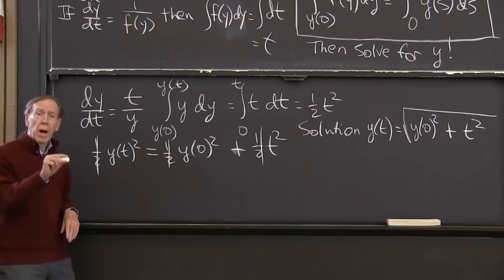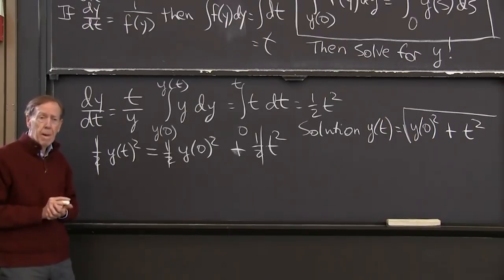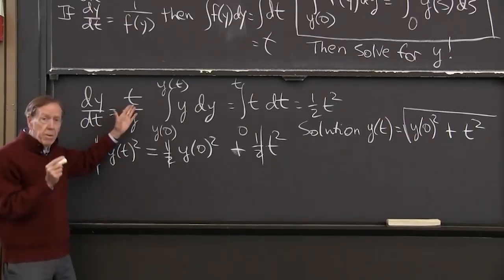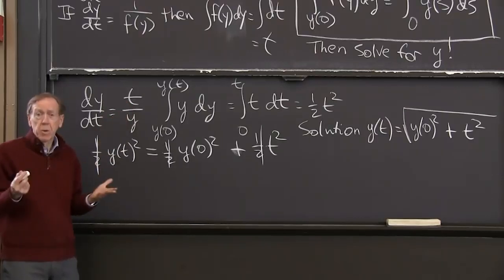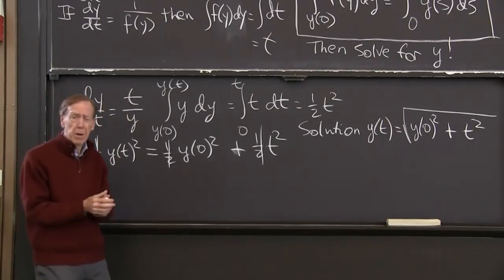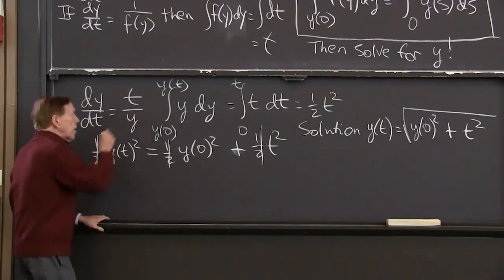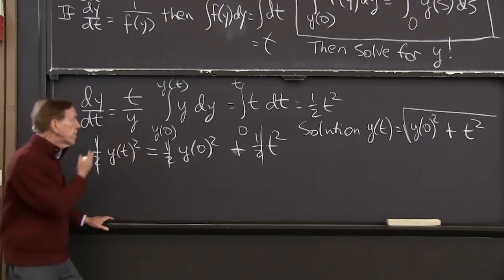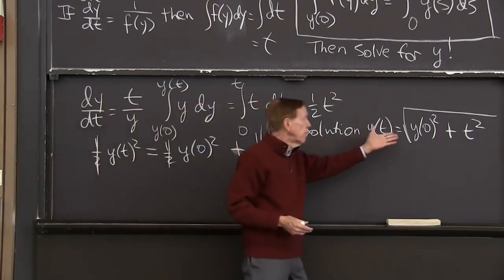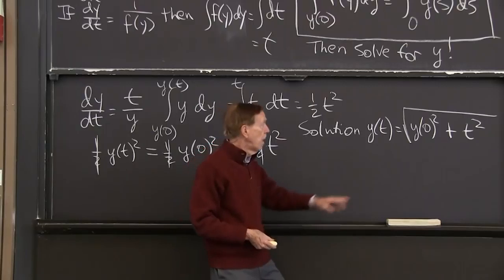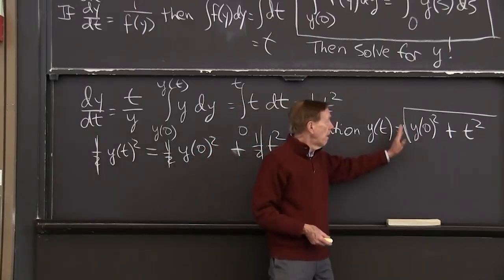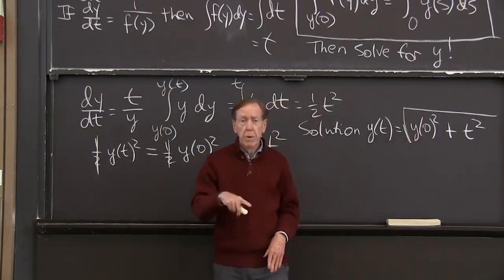Well, I'm starting with a 0 over 0. What a way to begin your life, starting with a 0 over 0. This solution would still be correct. If y of 0 is 0, I would get the square root of t squared. I would get t.